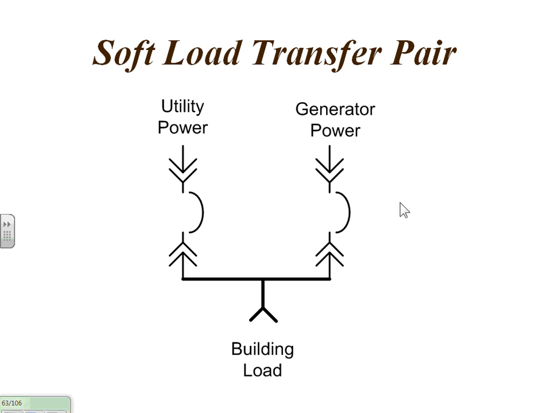But we don't want to have this breaker closed because that generator has to start up and come up to speed. So it's not ready yet. We are monitoring the utility over here. We start the generator set. This breaker's open. Both of these are electric draw out and electrically operated.